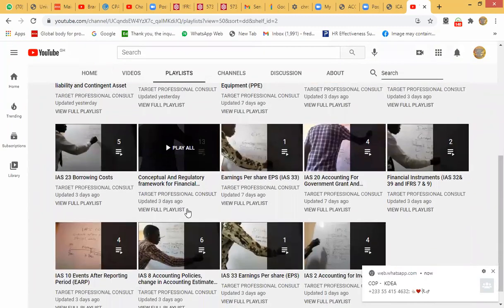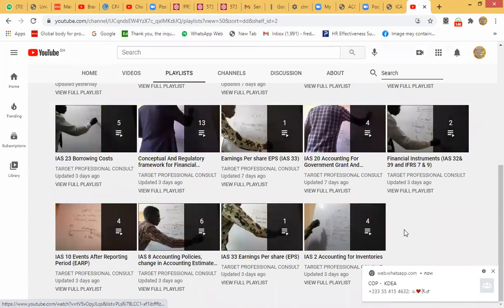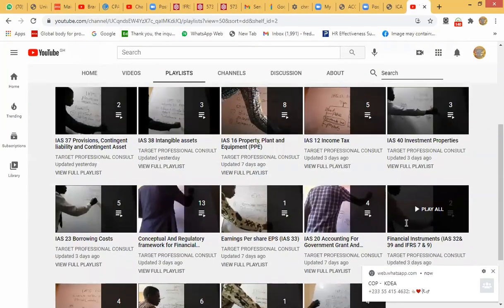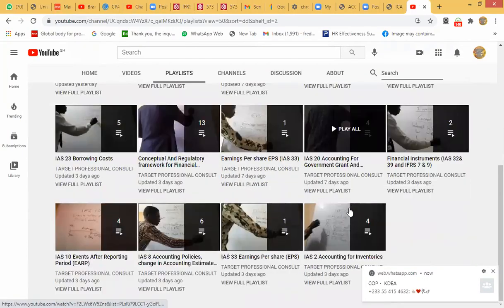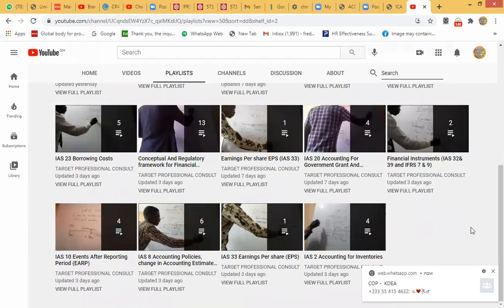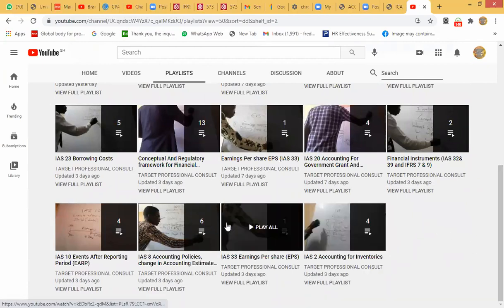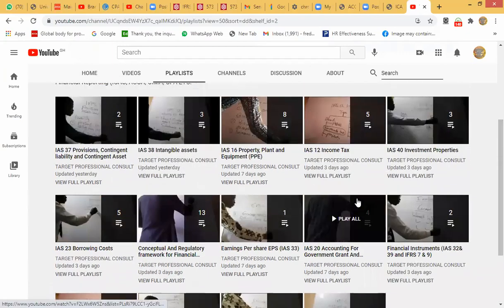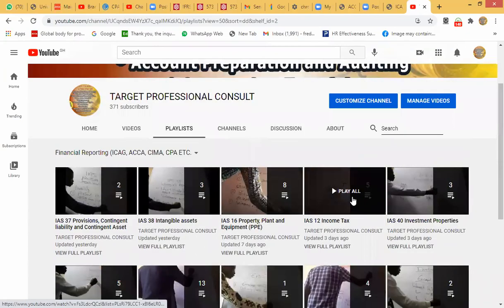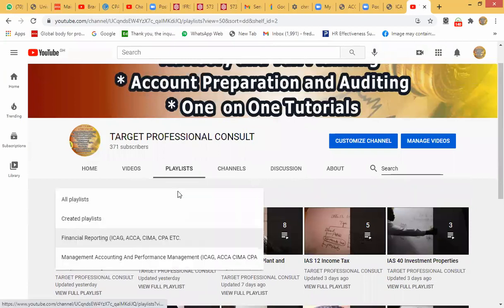Then go to preparation of financial statement one. Preparation of financial statement. Can you show yourself? Preparation of financial statement inside.